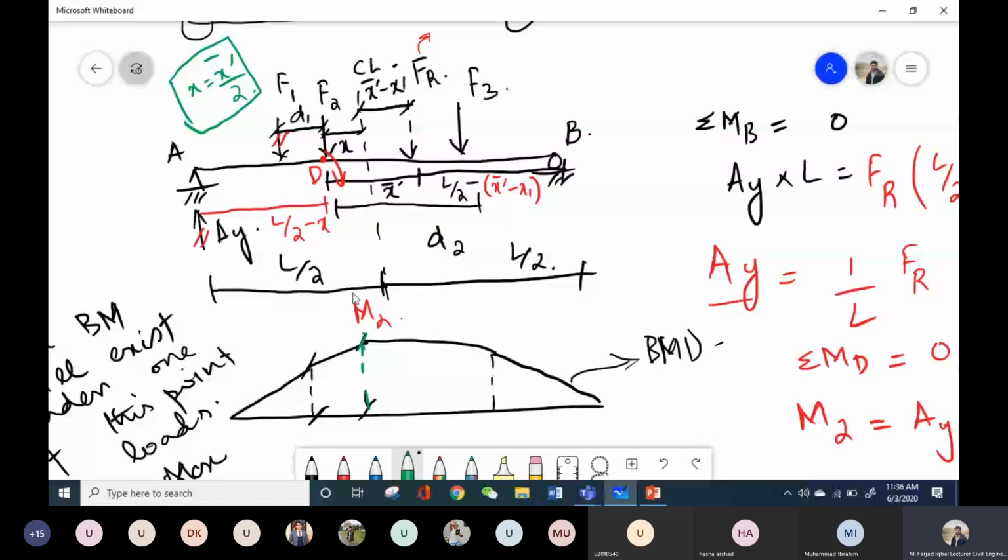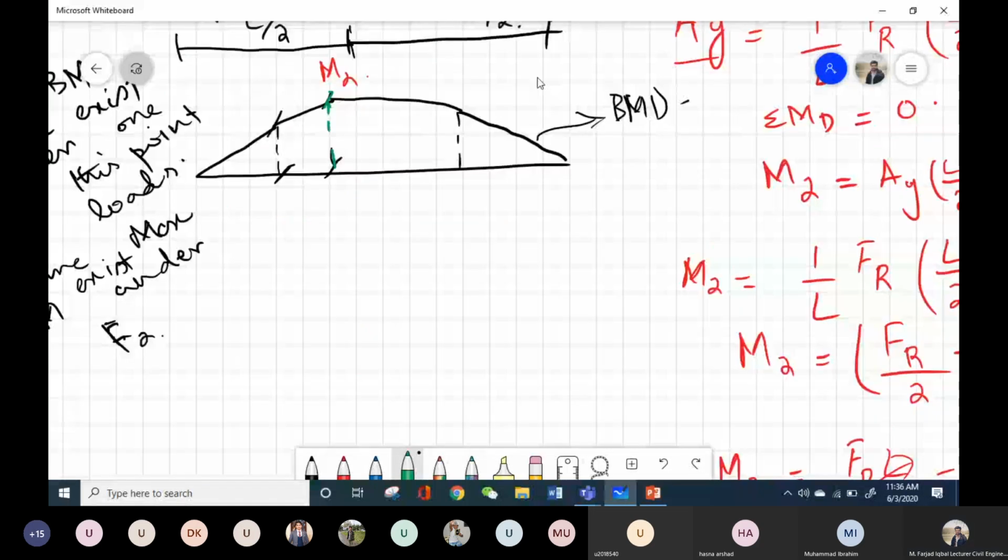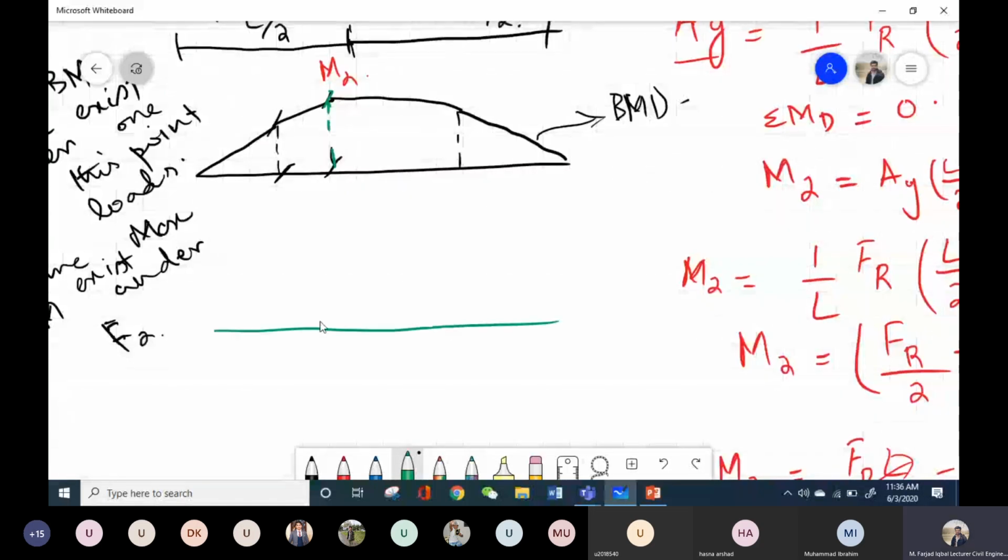Okay, so now if I give you a simply supported beam and there are different moving loads acting over this beam, what should you do? You will figure out the center line of this simply supported beam, and you will calculate the resultant force.